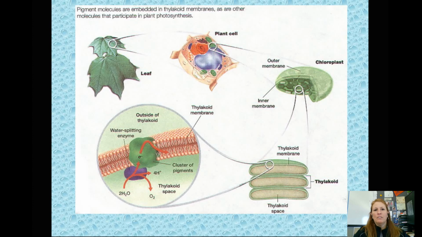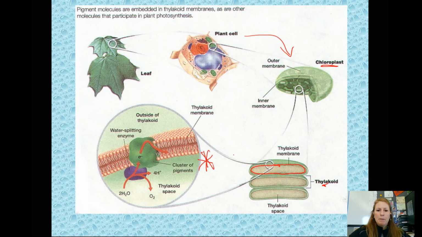Okay, so let's put all this together, put it in perspective. We start off with our basic leaf. We're going to look at the cells of a leaf. We've seen that before. And we're just going to move down here. So inside my leaf, I have a chloroplast. Inside the chloroplast, I have my thylakoids, and I can also add grana here. And then we'll get into this in our next lecture, but these membranes, okay, thylakoid is where light reactions take place, and we'll also look at the stroma where dark reactions take place.